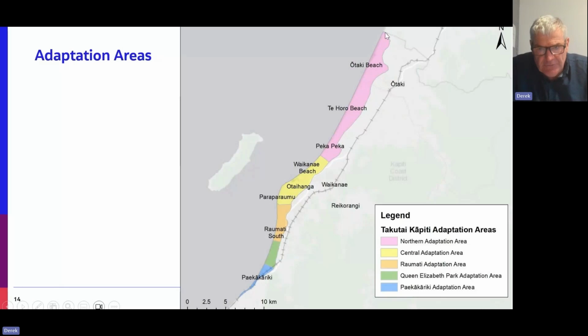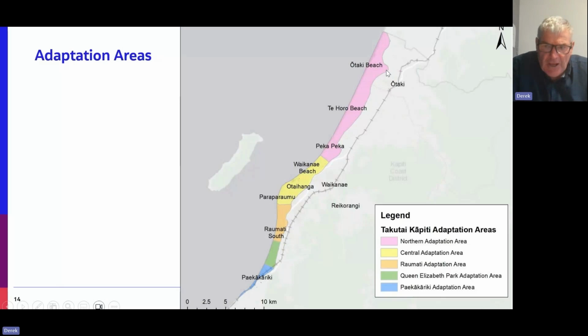A northern area stretching from Otaki to between Waikanae and Pekapeka, a central area from that boundary down past the edge of the Cuspit Foreland and Paraparaumu, then the Raumati area, which is really seawall protected, Queen Elizabeth Park, which is under the control of DOC and Greater Wellington, so Kāpiti district doesn't have a great influence on how management is done there, and then the southern area of Paekakariki.